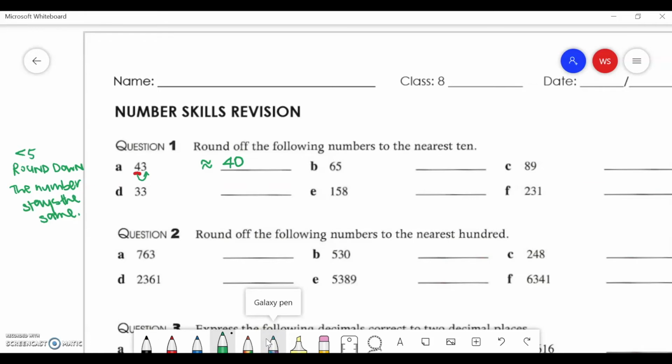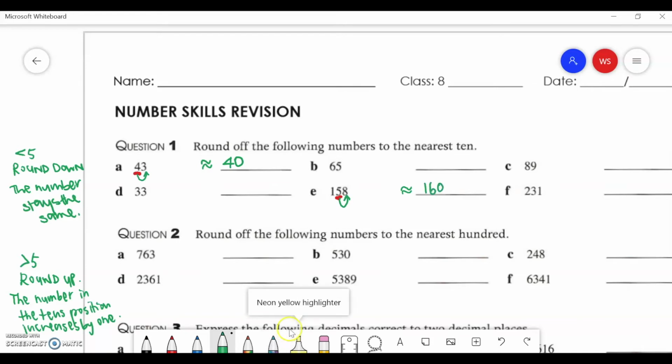Locating first our number in the tens position, that is number 5. And in order for us to know whether this is rounded up or down, we look at the neighboring number. Because 8 is more than 5, this means that we round up. And what we mean by round up is the number in the tens position increases by 1. That will be 160 that it is rounded off to.